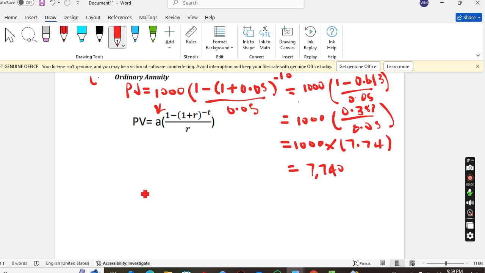Okay, we go to the second option. 800 for 15 years. The power negative 15.